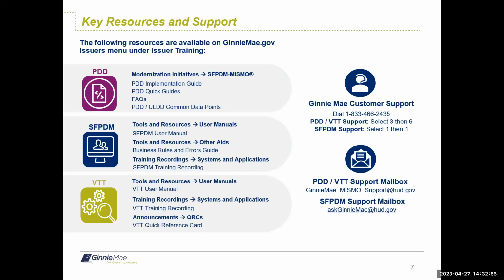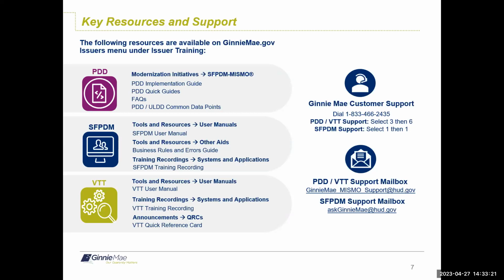And the VTT, obviously what we went over today, we have the user manual. We'll have a VTT training recording. We already have older ones up, and this one will be made available in a little while afterwards. And then we also have VTT quick reference cards, which speak to a few specific situations that users have encountered before and want a little more clarity on. So lots of different resources there.